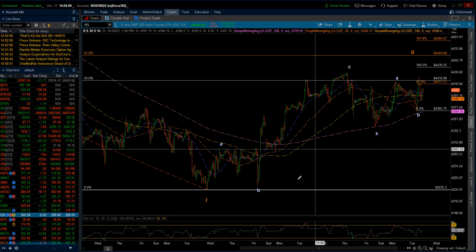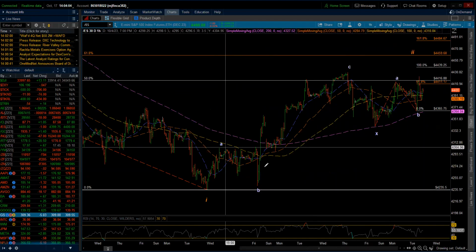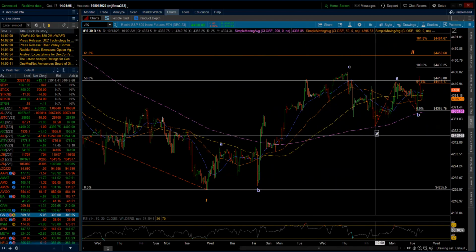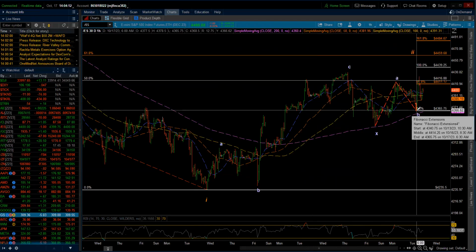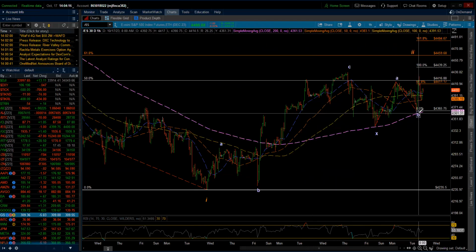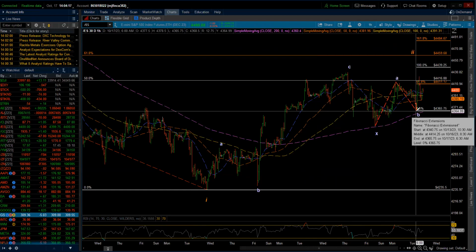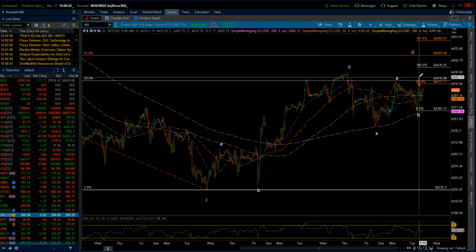Just taking a bit of an inside view here, we get an ABC, an X, A, B, which, by the way, was a 618 retracement as a B wave, a little bit more, but primarily. Now, what has it done?